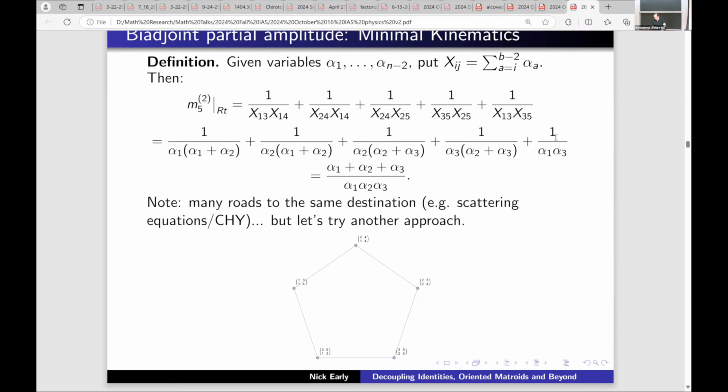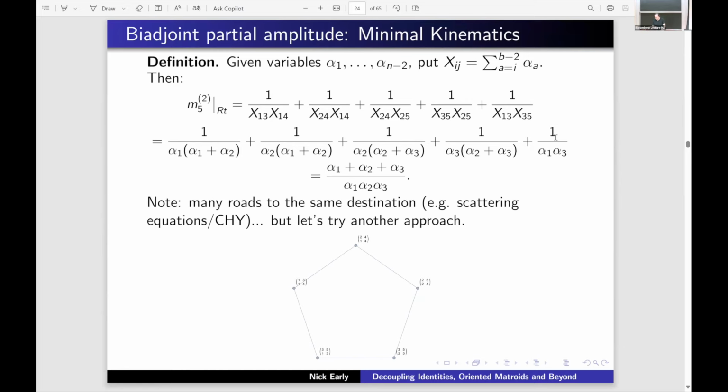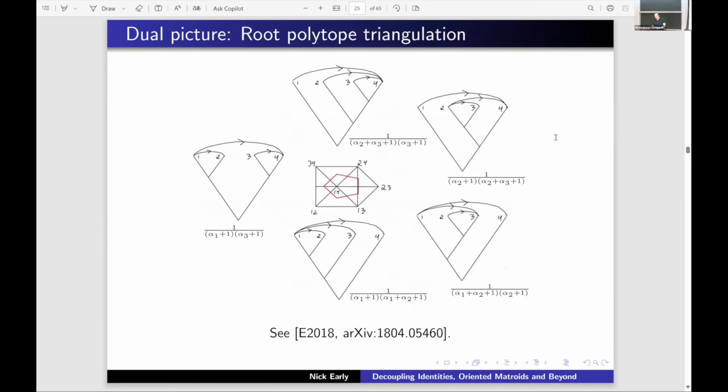Okay, so here is a quick depiction. This is sort of digging more into the combinatorial structure. Maybe let me go quickly through this slide to the next one. This is a little bit to digest.